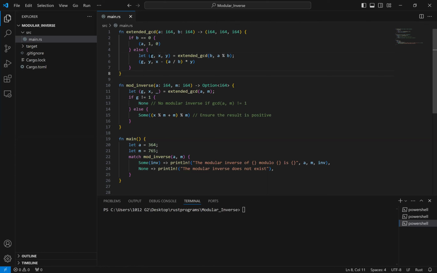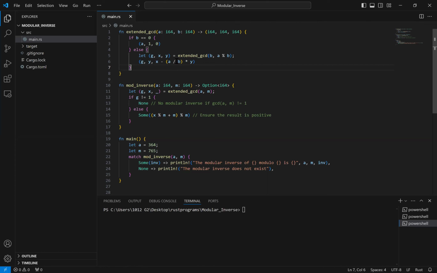And how do you get X? You take the Y which was above and make it X. And Y becomes X minus A divided by B multiplied by Y. And when you divide A by B, you only take the whole number.